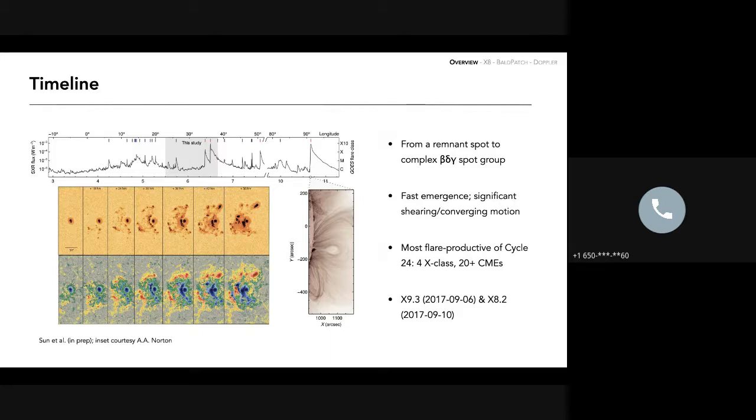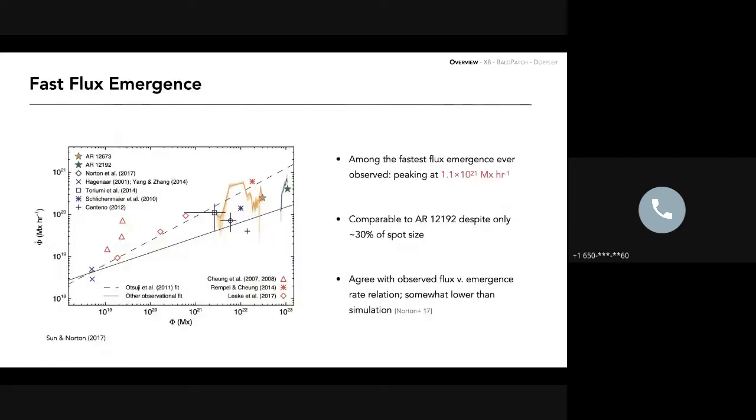The lower right is a high-pass filtered image of this limb cavity flux rope system that eventually erupted. This is the most productive region of cycle 24. It produced 4 X-class flares and over 20 CMEs. Next slide, please.